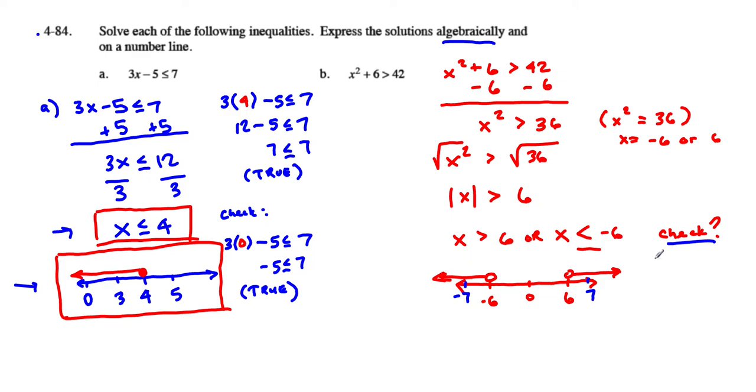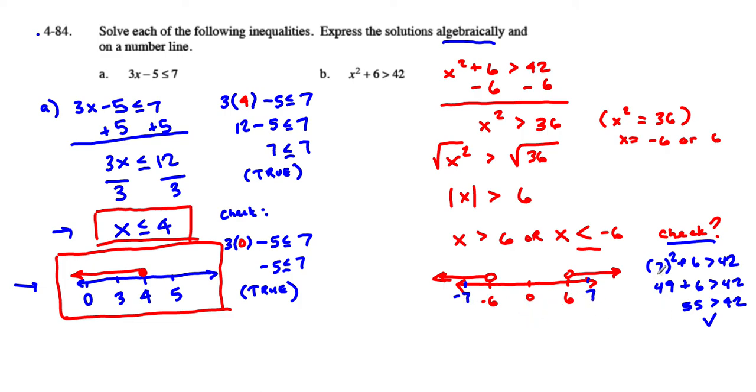So we're going to say 7 squared plus 6 is greater than 42. 7 squared is 49 plus 6 would be 55, and 55 is greater than 42. That one works. Let's try -7.